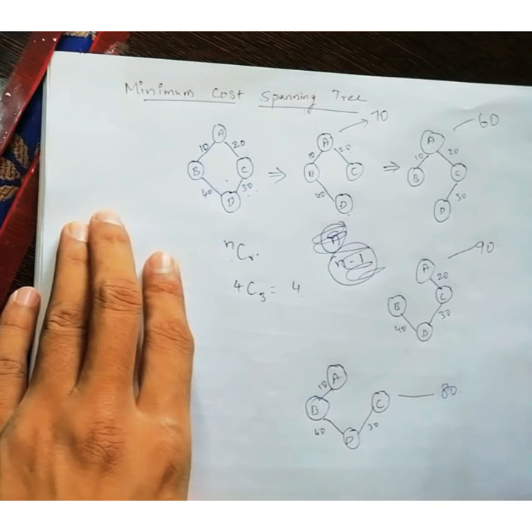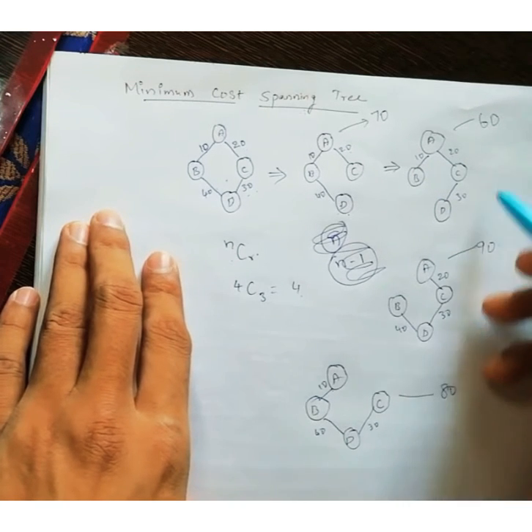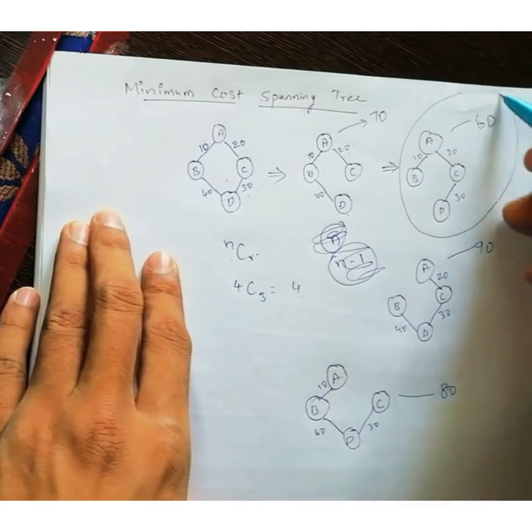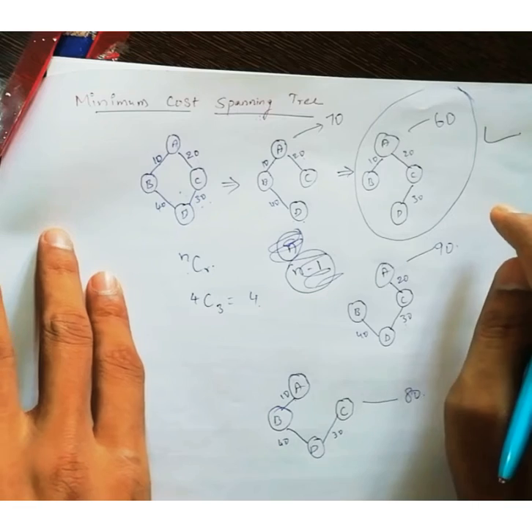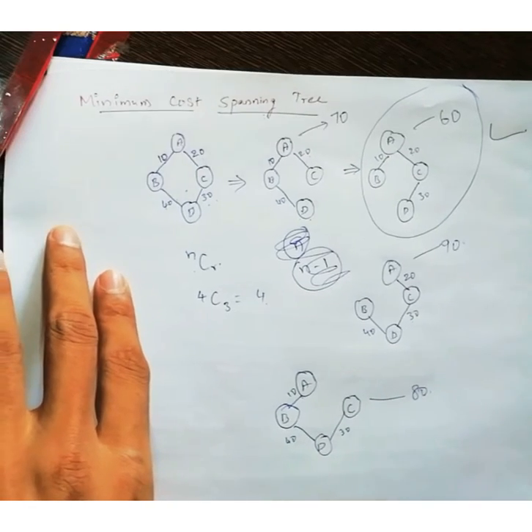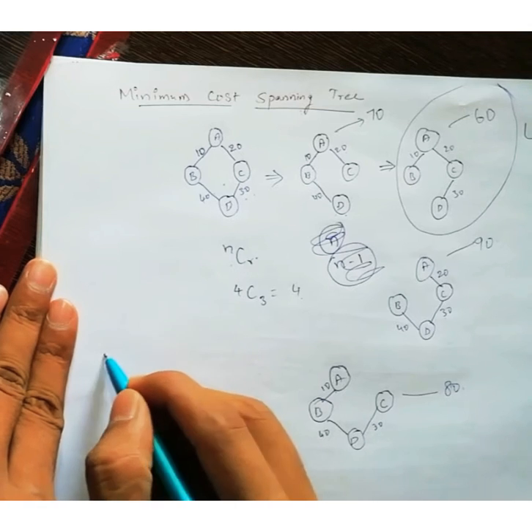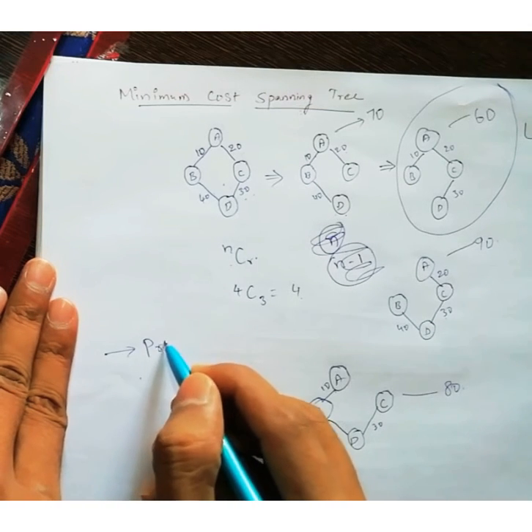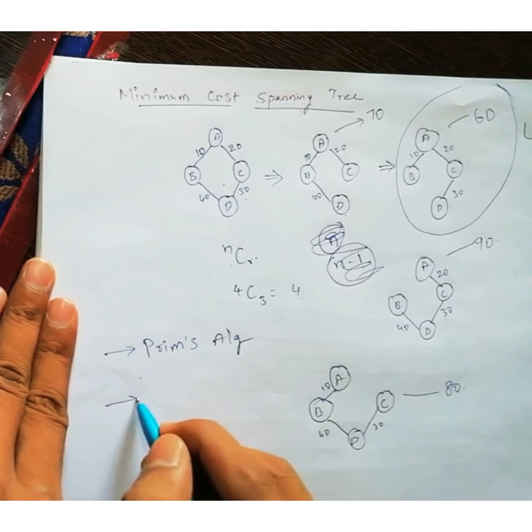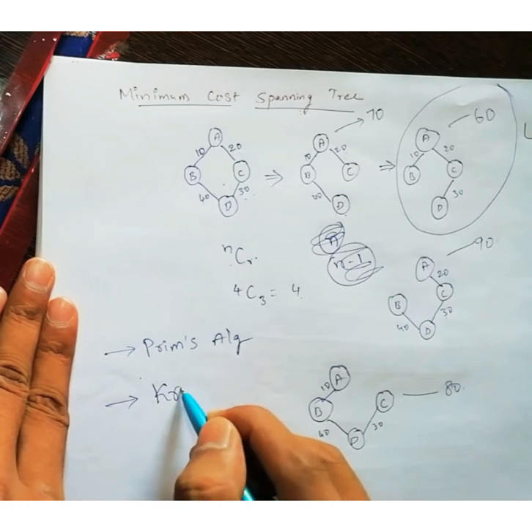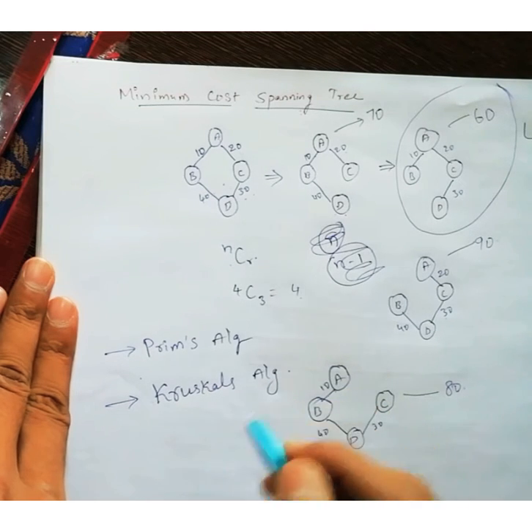So in these 4 spanning trees, which is the minimum cost spanning tree? This one. So this one is the minimum cost spanning tree. And a minimum cost spanning tree we can form by using 2 algorithms. First algorithm is Prim's algorithm and second algorithm is Kruskal's algorithm.